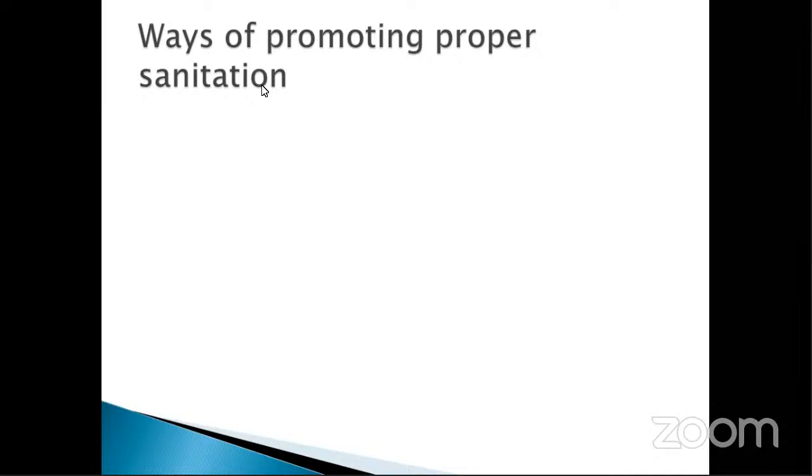Another person, you can sweep the compound, sweep the house, mop the house. All those are different ways, and we mark them very correct. Another person. There are very many ways how you can promote sanitation. And I'm very happy that I'm dealing with a very bright class that is able to answer questions.